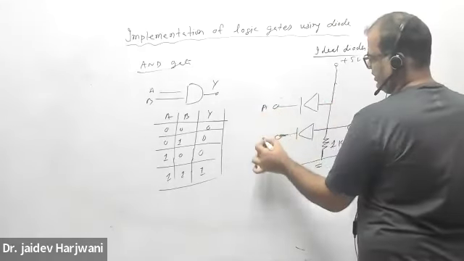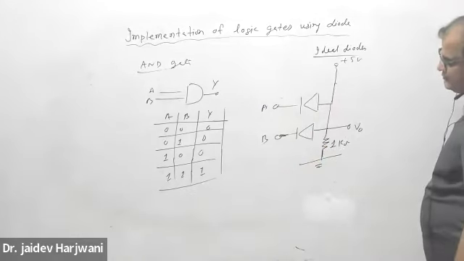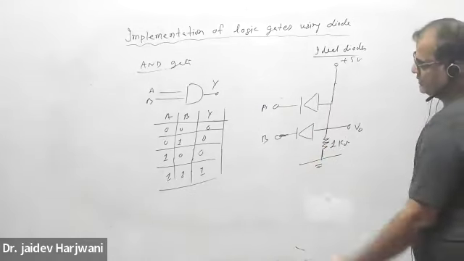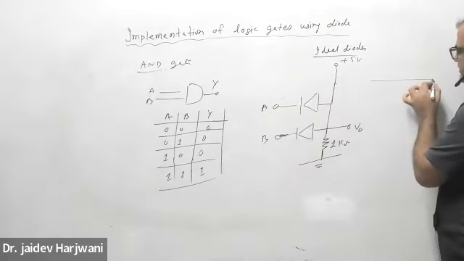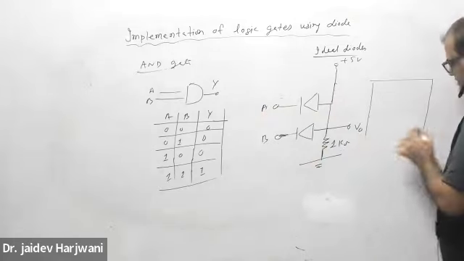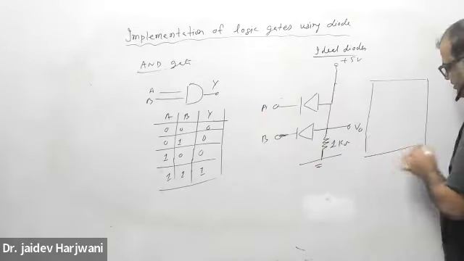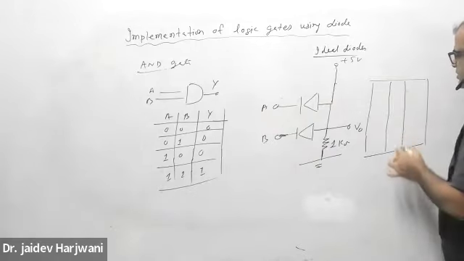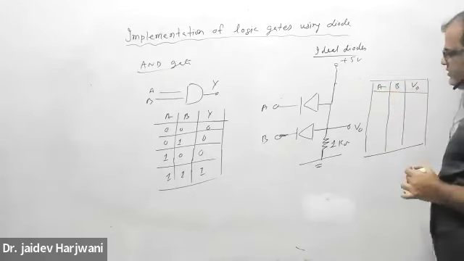Here you have A and you have B. Now again you make the table and we see how this circuit works. You have A, B, and you have V naught.